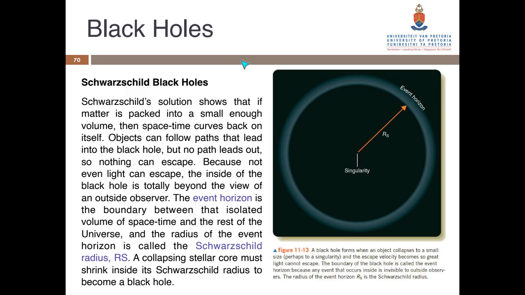The event horizon is the boundary between that isolated volume of space-time and the rest of the universe. And the radius of the event horizon is called the Schwarzschild radius, or RS in short. So a collapsing stellar core must shrink inside the Schwarzschild radius to become a black hole.